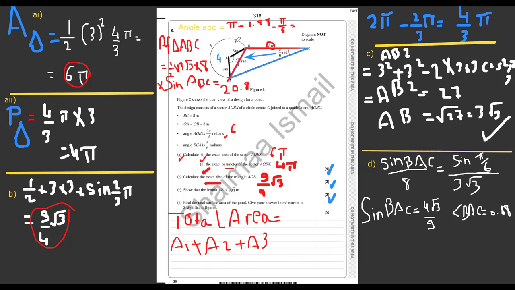Area 1 is the area of the sector AOB, which is equal to 6 pi, plus area 2, the triangle AOB, equal to 9 over 4 root 3, plus the last triangle ABC, which is equal to 20.8.